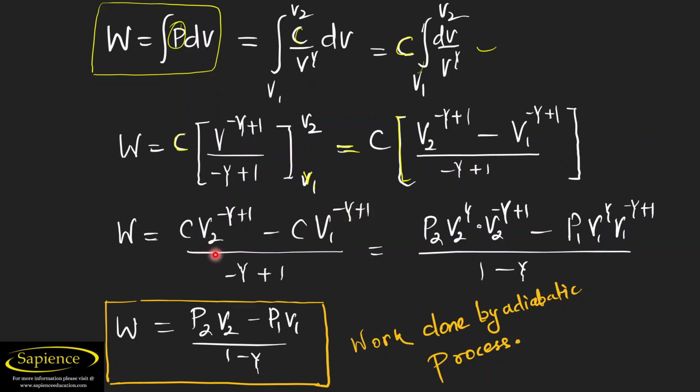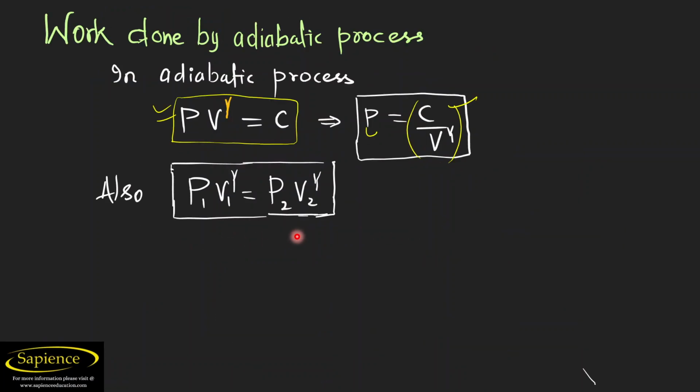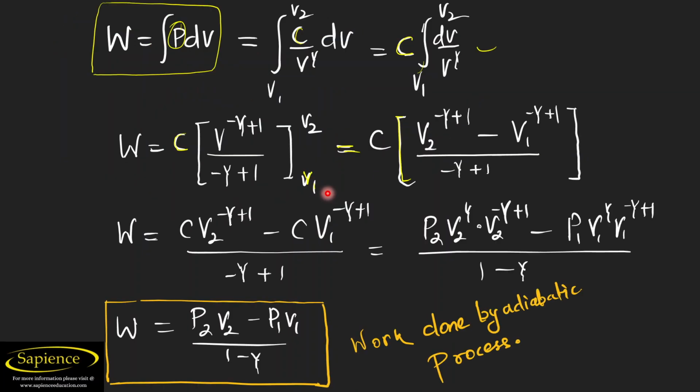We know that C can be written as P1 V1 to the power gamma, which is equal to P2 V2 to the power gamma. So in place of C, I have written P2 V2 to the power gamma. Why? Because it is already in the form of V2 here. So why not write P2 into V2 to the power gamma? Why should we write P1? Because we are already getting V2 here. The same thing here, it is V1, so we have to put P1 into V1 to the power gamma.